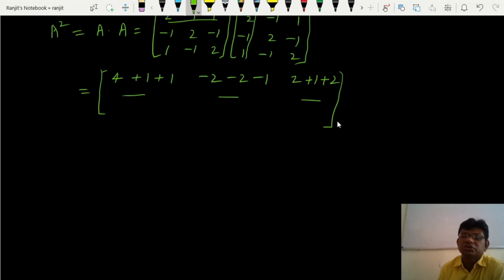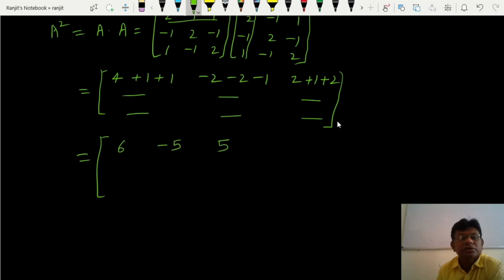So these calculations for you. Third row into first column, third row into second column, and third row into third column. So such type of calculations for you. So this is equal to this: 4 plus 1 plus 1 means 6, minus 5 and 5.